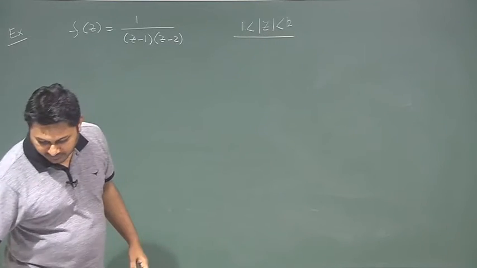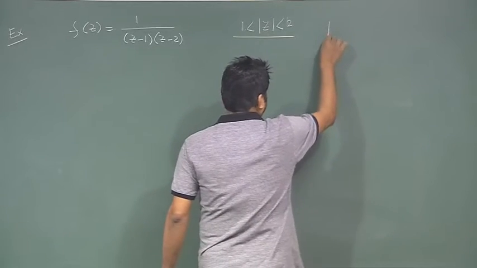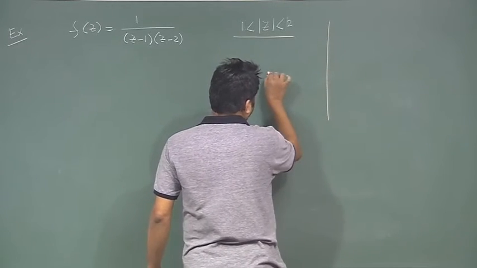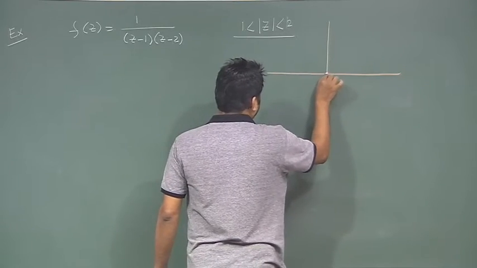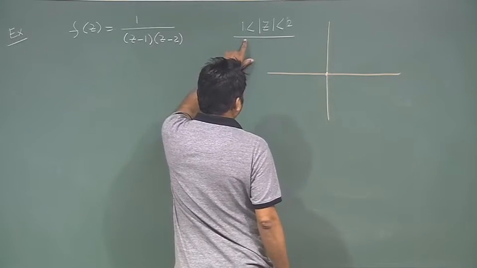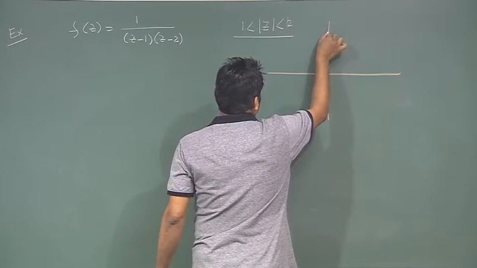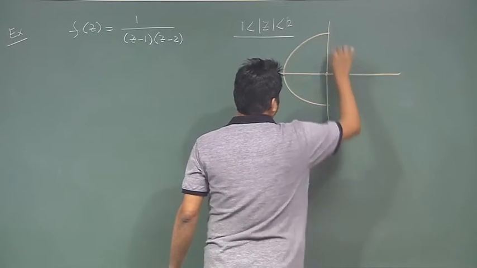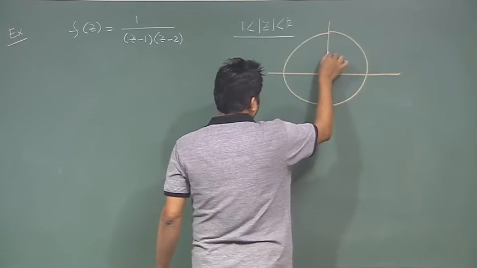So, let me first check where the region should be. This is my coordinate system, mod of z is greater than 1 and less than 2. Let me draw a circle of radius 2, and another circle of radius 1.